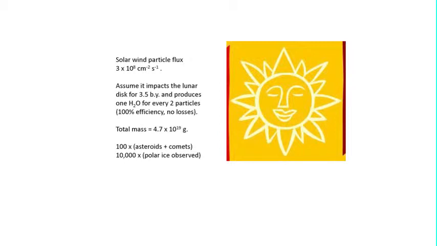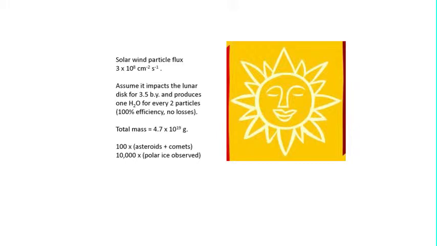And I said, well, let's just assume 100% efficiency, so that every particle in this solar wind that strikes the moon, take the moon's cross-sectional area, no, every 2 particles, because it's H2O, makes 1 water. How much mass? A huge amount. It's 100 times the asteroid plus comets, and it's 10,000 times the observed polar ice in the moon.